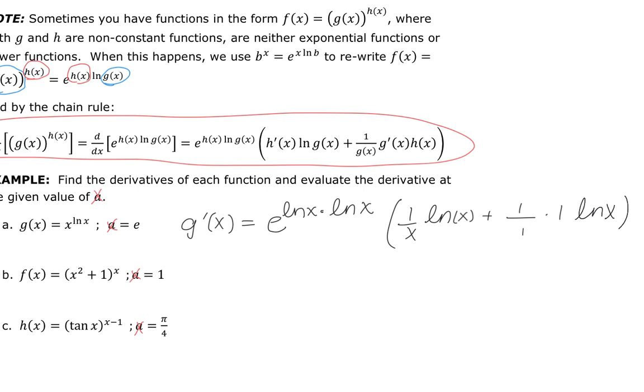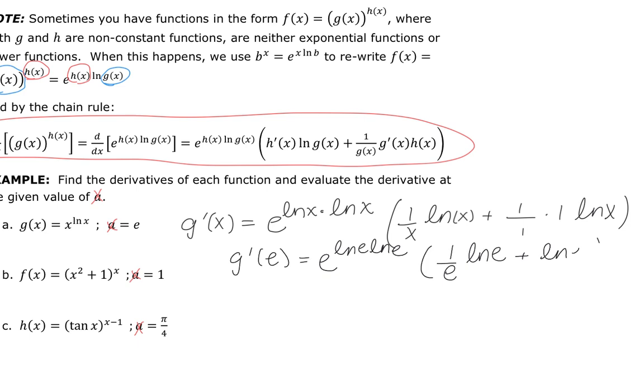All right. So now we're going to evaluate this at x equal to e. So g prime of e is going to be e to the natural log of e, multiplied by 1 over e, the natural log of e, plus the natural log of e. Again, you'll probably want to open up your pre-calculus book.